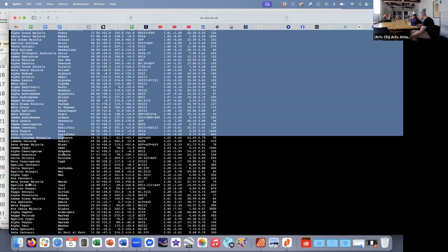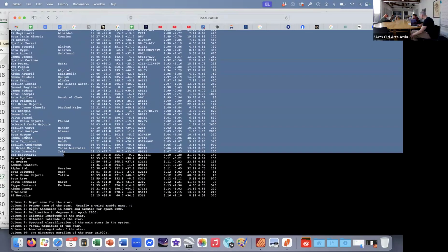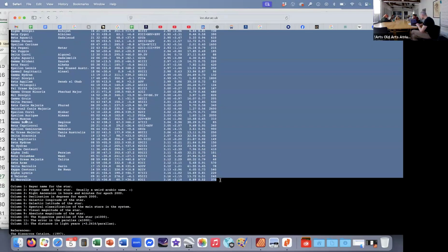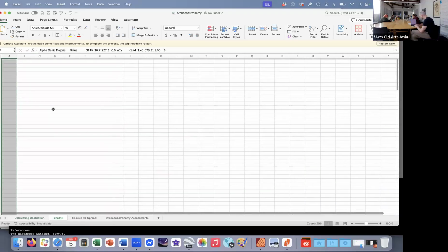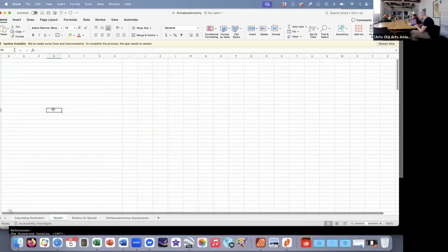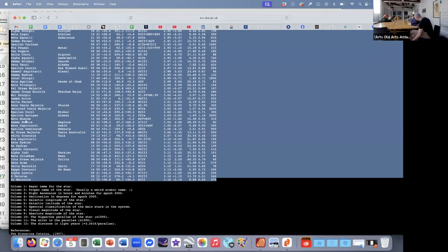I'm going to do this. That didn't work. So this one here is only if you want to do architectural alignment stuff, really.